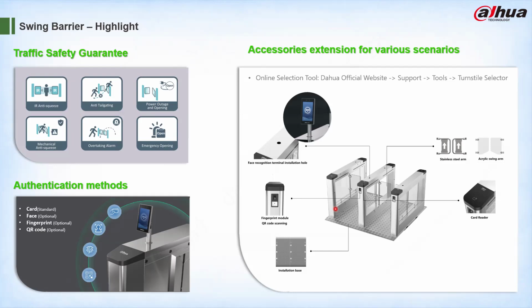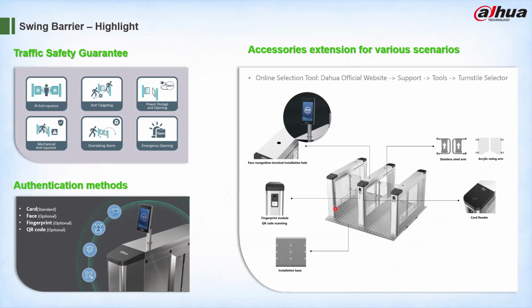Meaning that when someone passes, you cannot hold the swing barrier open for the other person to pass by, or hold before it locks for you to pass. Then there is power outage opening. In case, for example, there is a power outage, it can still open for you to pass, though there must be a security guard at that point to control the traffic for the safety of individuals.